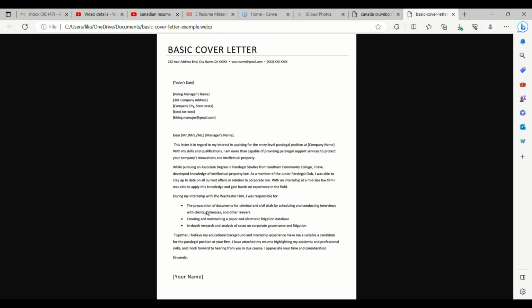During my internship with the Rochester firm, I was responsible for, now the person is stating what they were responsible for, the preparation of documents for criminal and civil trials by scheduling and conducting interviews with clients, witnesses, and other lawyers, creating and maintaining a paper and electronic litigation database, in-depth research and analysis of cases on corporate governance and litigation.